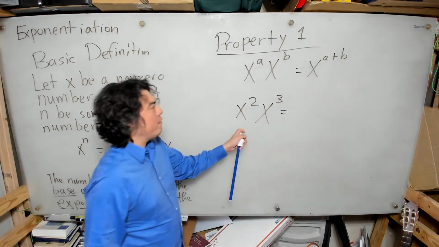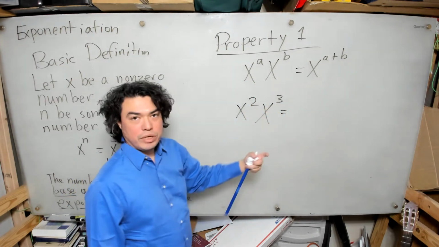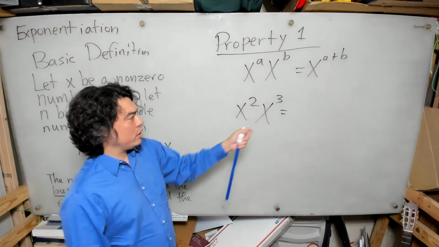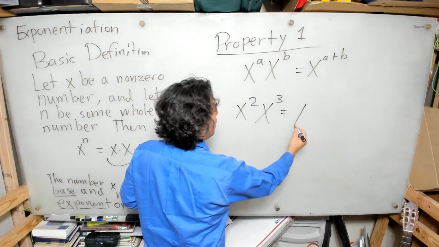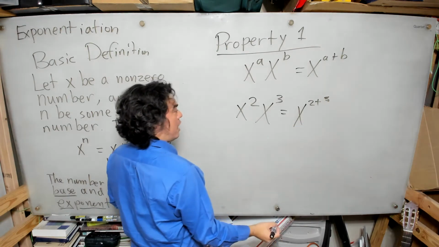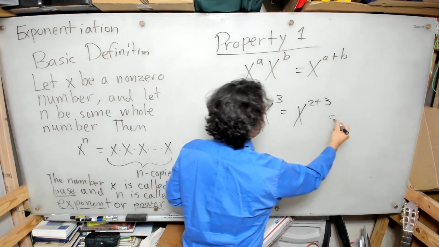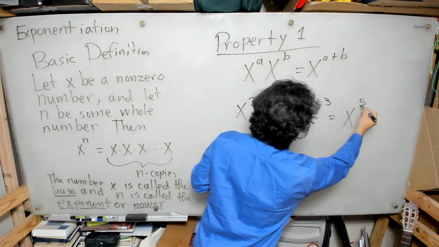I have the same base, the a is 2, the b is 3. And what's the product going to be? The product is going to be x to the 2 plus 3. But what is 2 plus 3? That's x to the 5th.